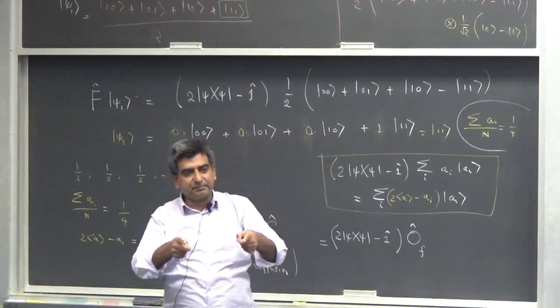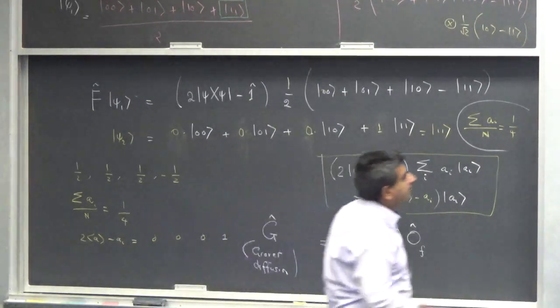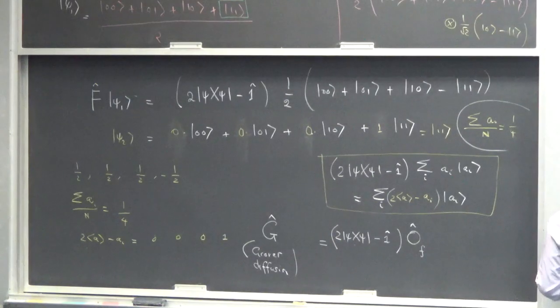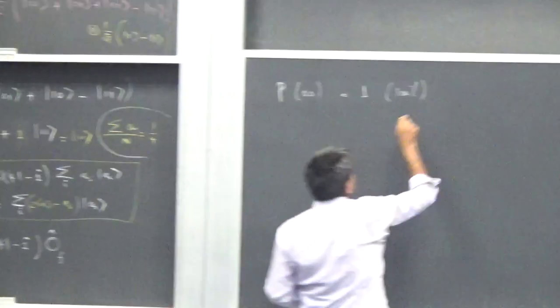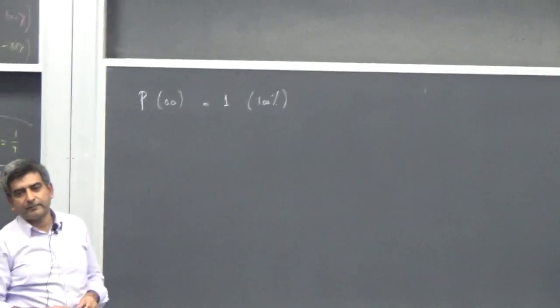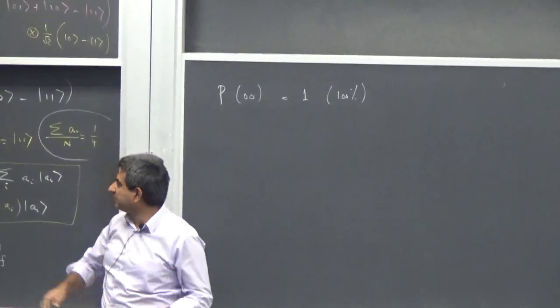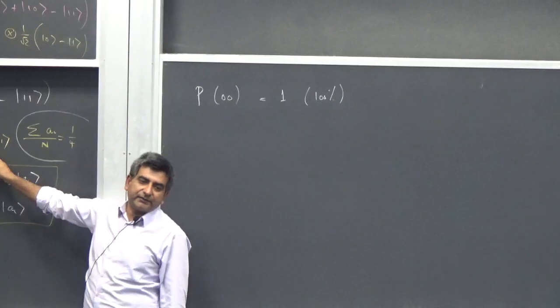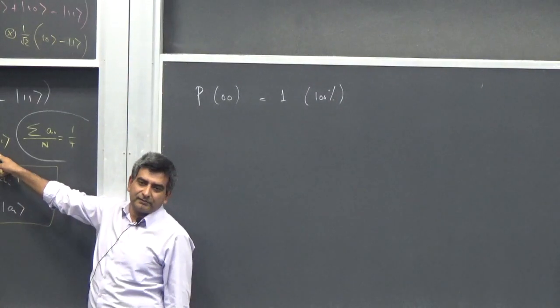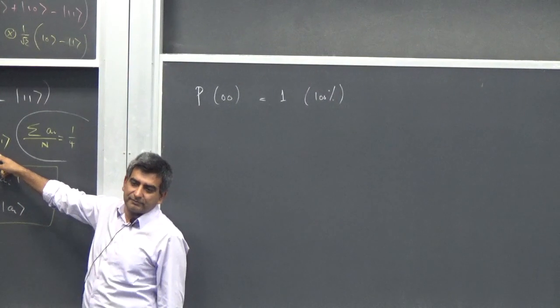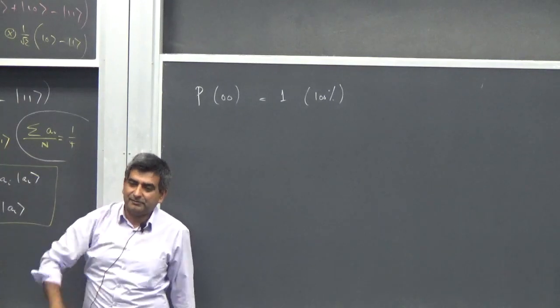So in this case, the probability of detecting 0, 0 on the first 2 qubits turns out to be 1. So 100% certainty, because this is the only state that survives. Got it?